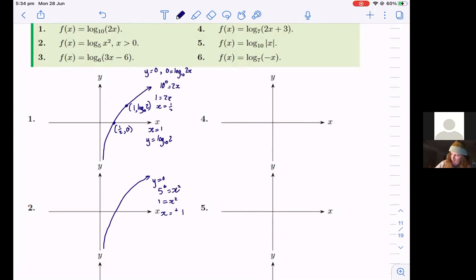And if we just sub in x equals 5, for example, log base 5 of 5 squared is going to be 2 times the log base 5 of 5, so it's 2. So it's actually just going to kind of go really flat.